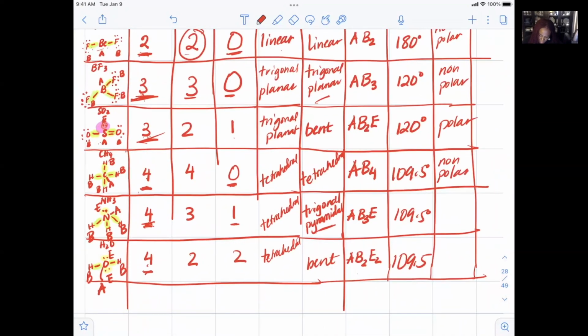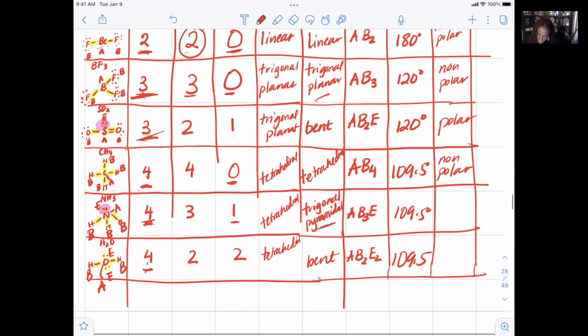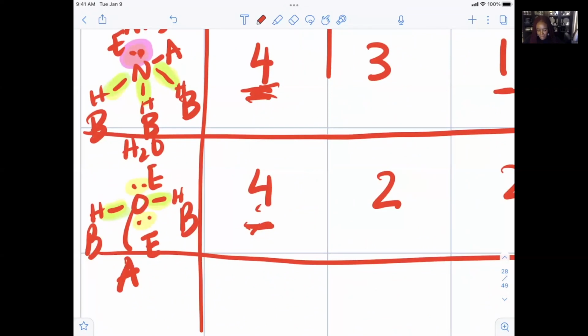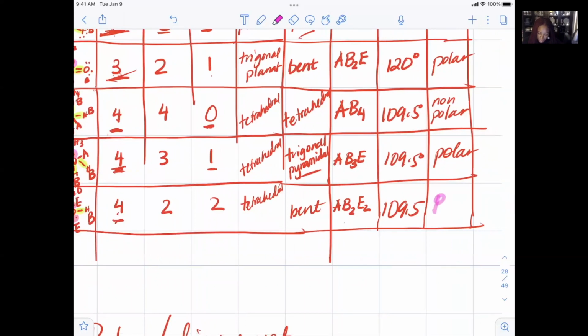No difference. Here, look at that. We have 3 bonds, but 1 lone pair. That lone pair makes that polar. And then with water, come on, very polar. Water has 2 lone pairs right here, and so this is going to be polar. We have a difference in the electron groups.